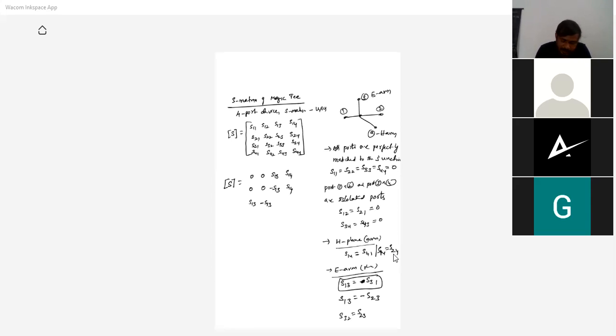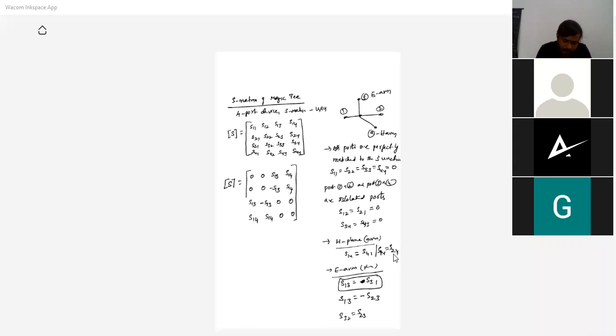Then S33 is 0 because of perfectly coupled. S34 is 0 because of isolated ports. S41 is S14. S42 is only S14. S43 is 0 because of isolated ports, and S44 is 0 because of perfectly coupled.